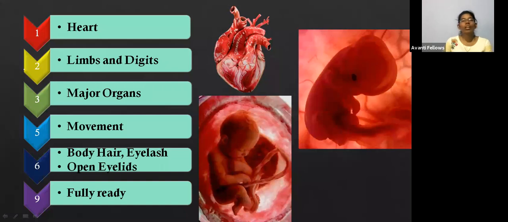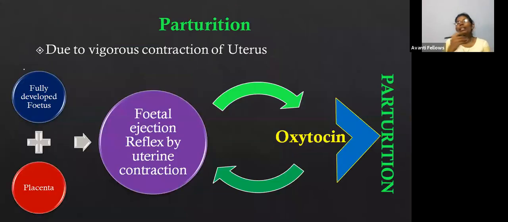That period is called what? Can anyone tell me the time period from day 1 to the 9th month or 280 days? Very good, Om. 9 months or 280 days. Only Om answered. That is the gestation period.